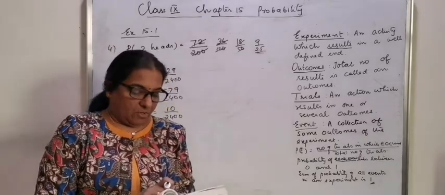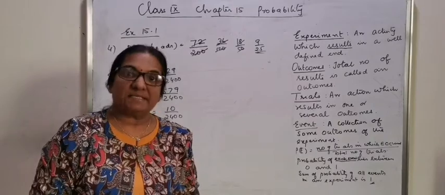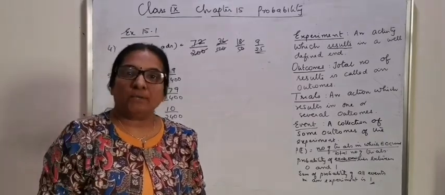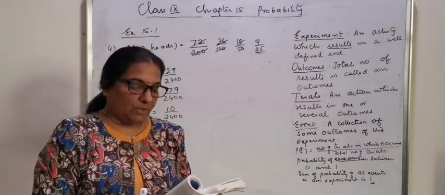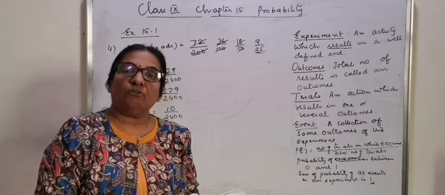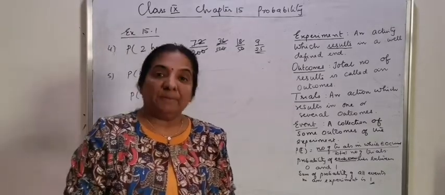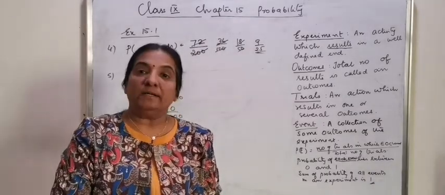Question number 5. Owning not more than one vehicle means a maximum of one vehicle, so it can be either one vehicle or zero vehicle. So what will be the total, in all the slabs, of the number of people who are not having more than one vehicle?